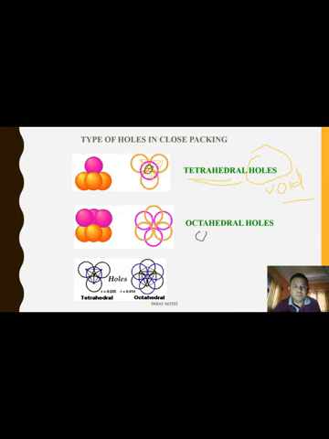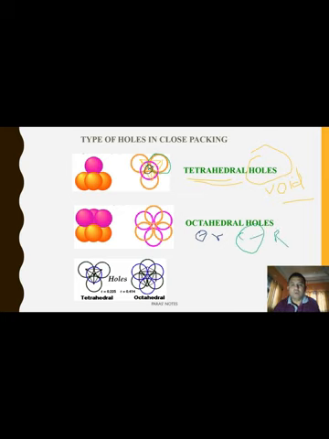That radius of that sphere is what we call small r. Similarly, what is the radius of the sphere which is making up the void? That radius is what we will represent as capital R.